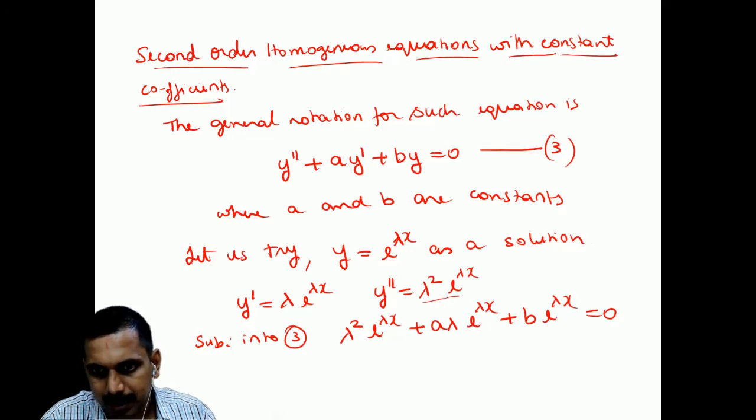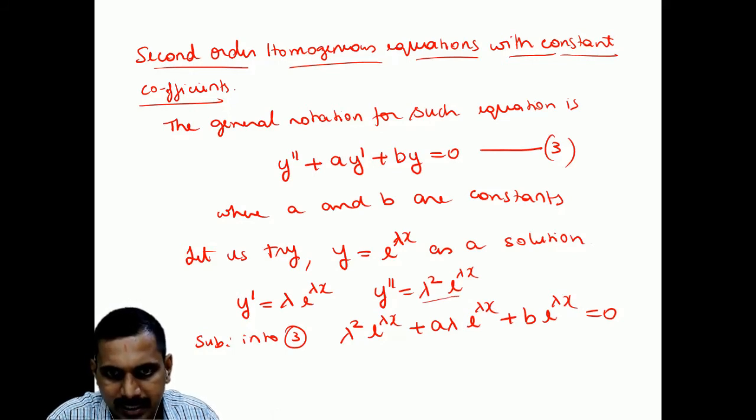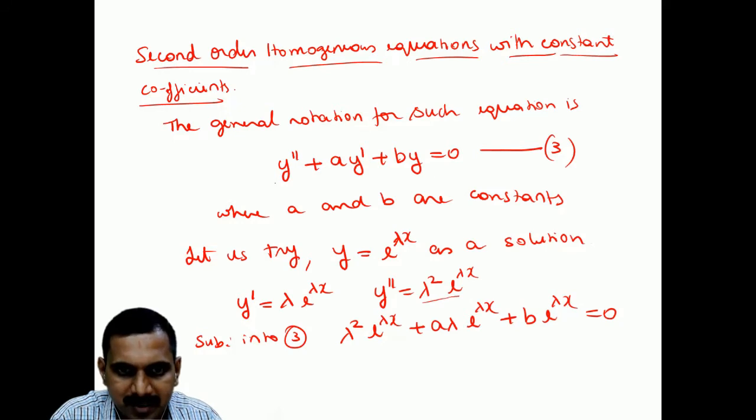Is it not? Because y is equal to e power lambda x, I have substituted. Y dash is equal to lambda into e power lambda x, I have substituted here. Y double dash is equal to lambda square into e power lambda x, I have substituted here.